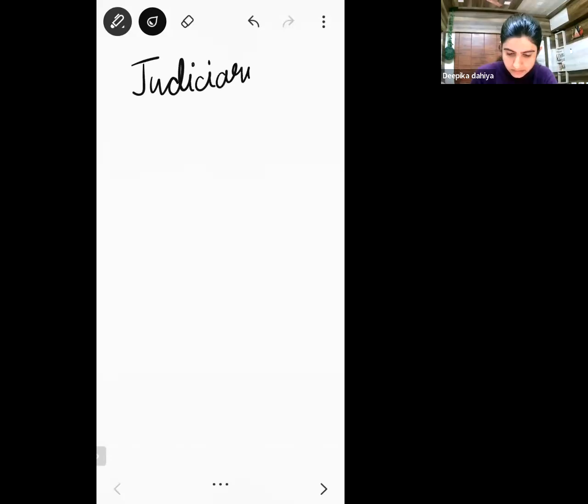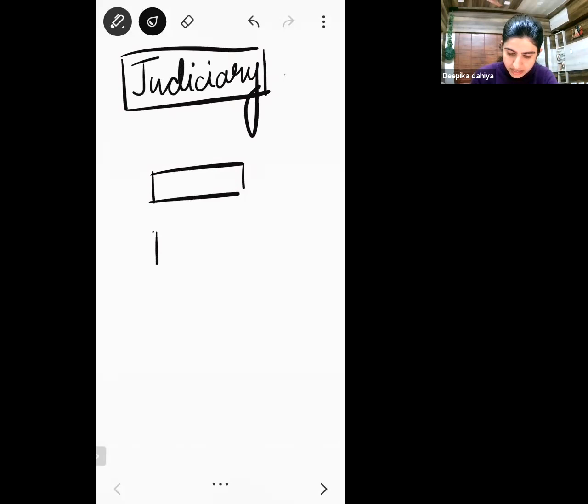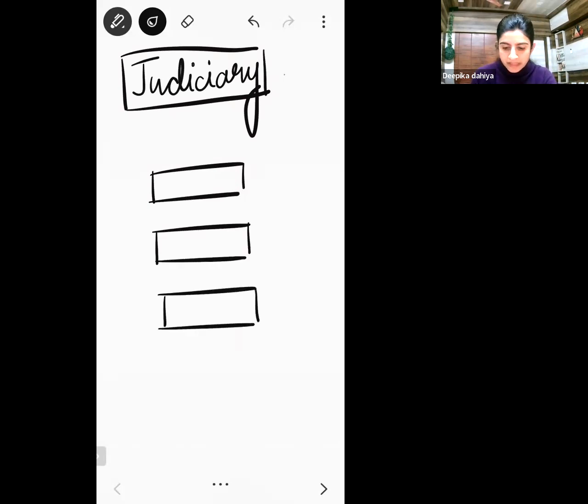Judiciary. Let me just recall what we have already discussed in judiciary. We have discussed that there are three main levels in the judicial hierarchy, and then there are lower judiciaries.